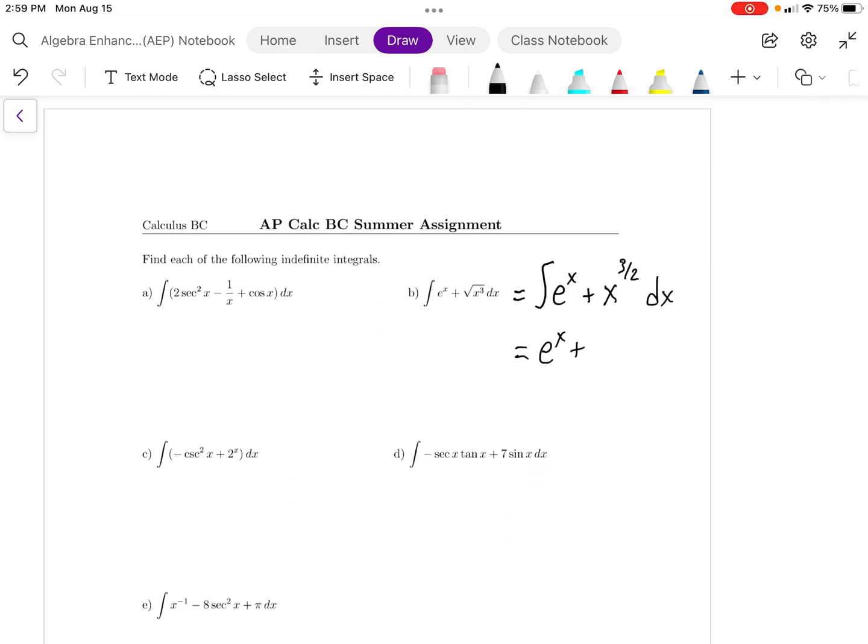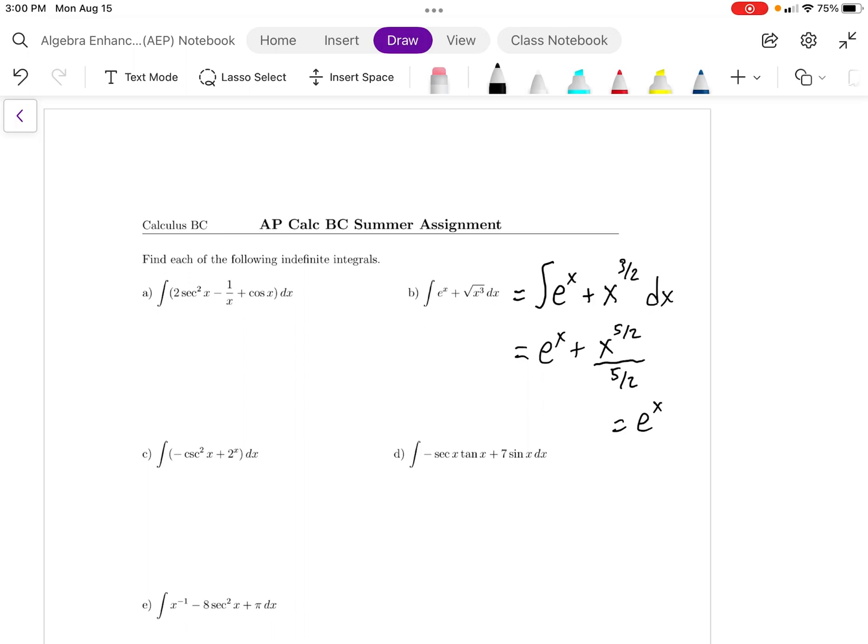So we have x to the 3/2, so we want to add 1. So 3/2 plus 1 is going to be 5/2. So this is going to be x to the 5/2 divided by 5/2. And then if we want to write that a little bit neater, this is e to the power of x. Remember, dividing by a fraction is the same as multiplying by its reciprocal.